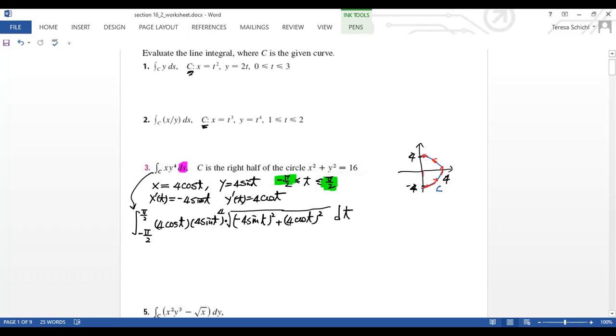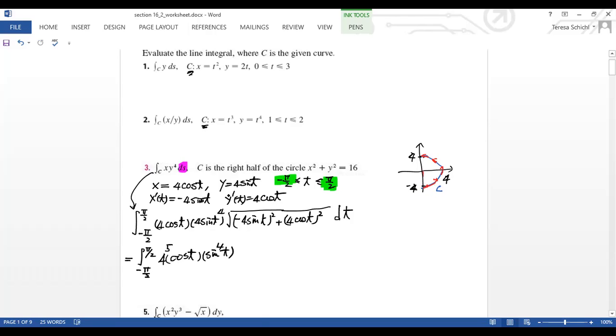We change the whole thing to a single variable, dt, so the integration should be pretty straightforward. From negative pi over 2 to pi over 2, we have 4 to the 4th power times the 4 gives 4 to the 5th power, with cosine t and sine to the 4th of t.